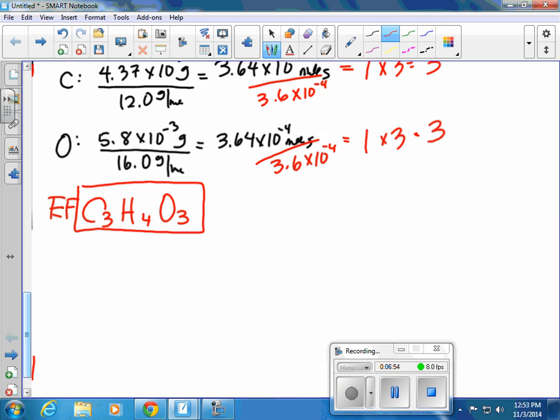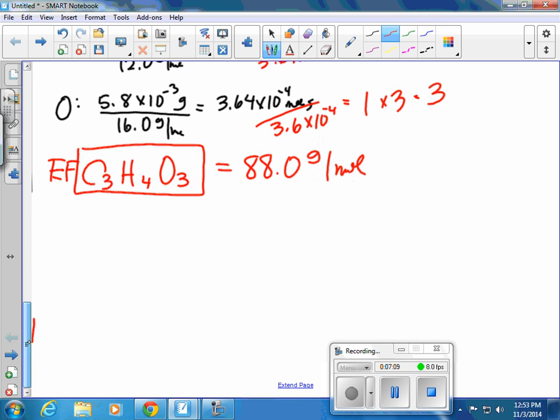And if you recall, I need to find the molar mass of this right away, which is 88.0 grams per mole. Okay, so I just put in my ratios. I found it was 3 to 4 to 3, and I found my molar mass, which is 88.0. Now I'm going to try to figure out what my ratio is.